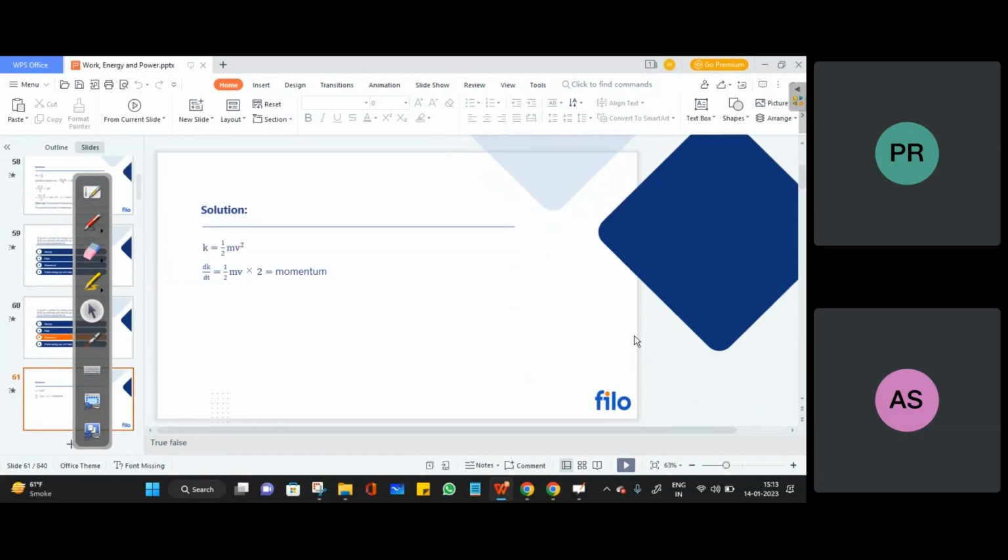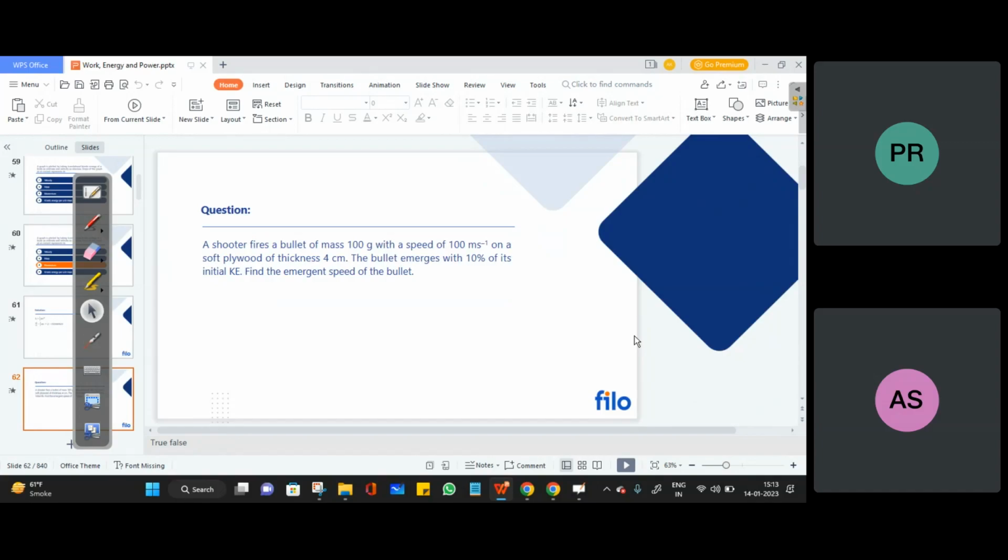But is it the energy given by the applied force, or do we need to consider it as the energy given to the body by the net force? Sir, I have some confusion there.